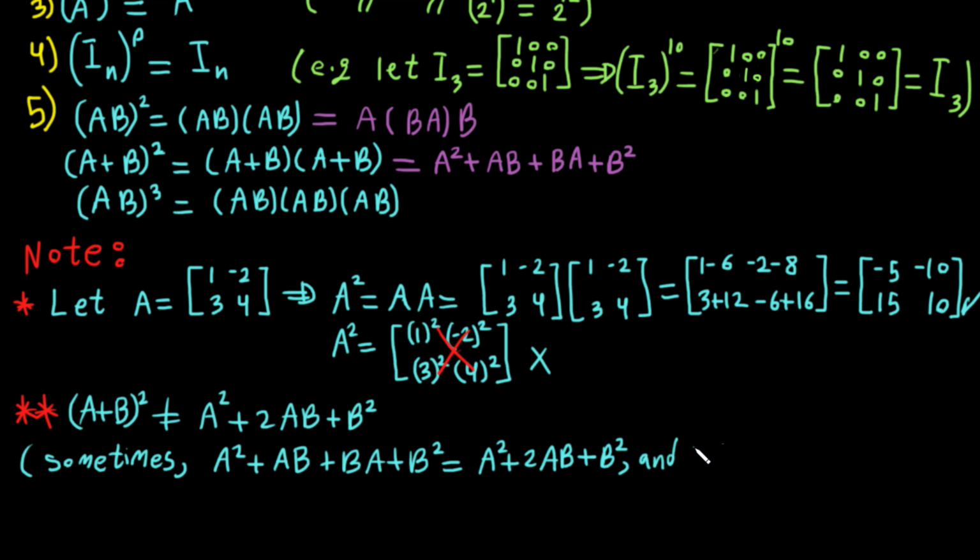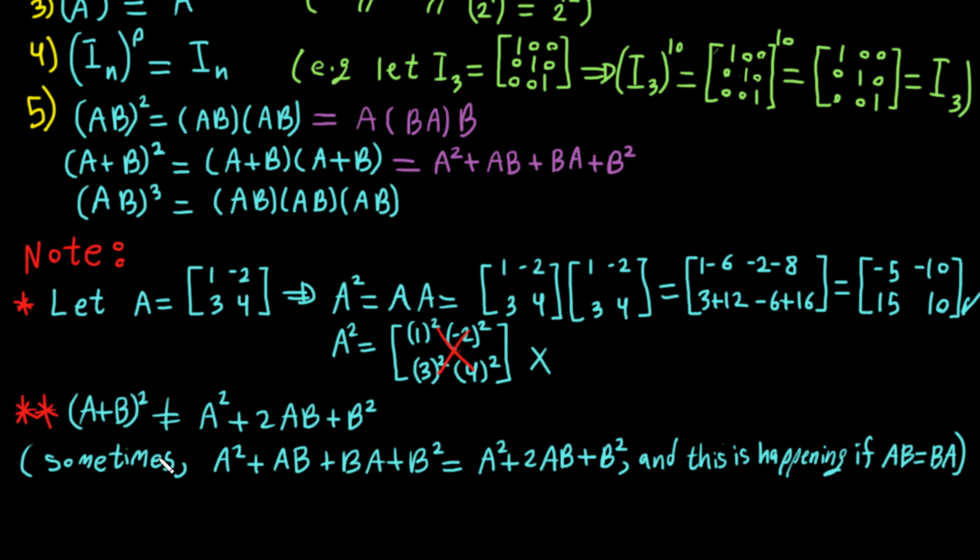And this happens if AB equals BA. So if these are equal, then you can write it as A squared plus 2AB plus B squared. But in general, you have to write it like this. So that's it for the rules.